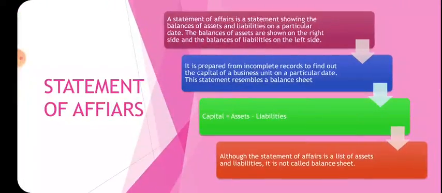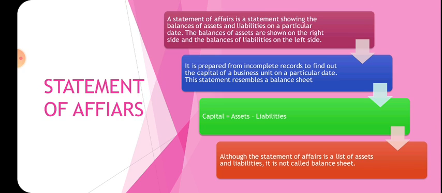Then statement of affairs. The statement of affairs is a statement showing balances of assets and liabilities. It resembles the balance sheet, but balance sheets will be tallied, but statement of affairs will not tally.